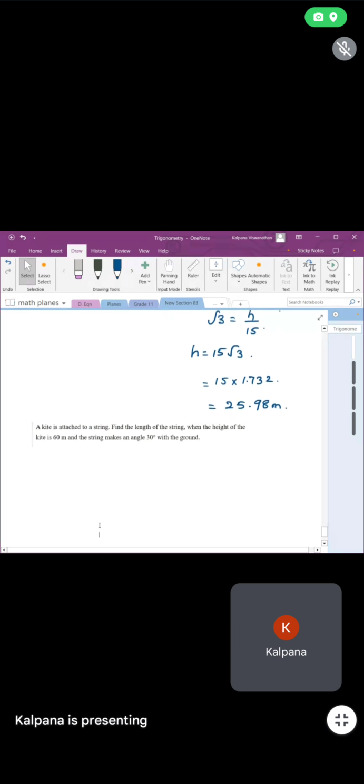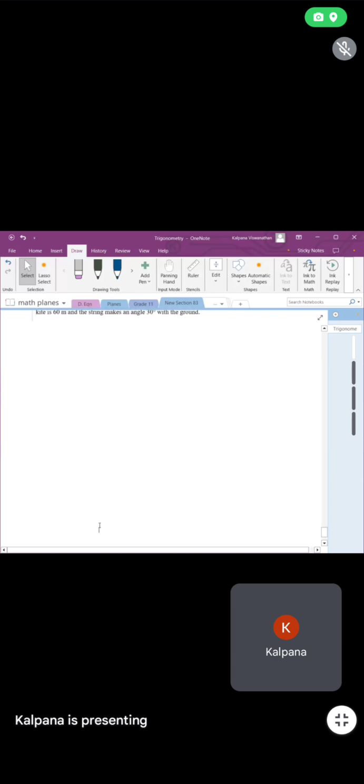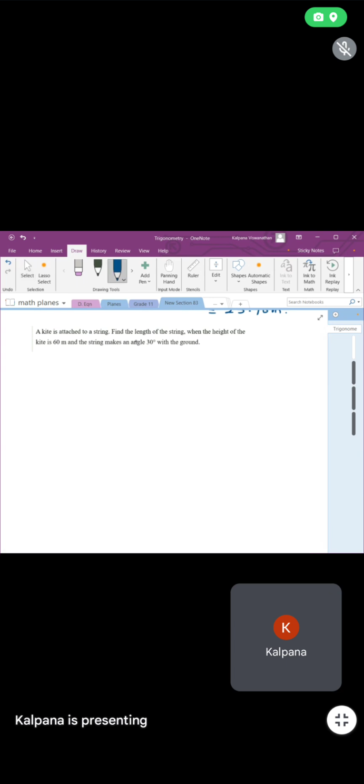So all the diagrams are based on a right angle triangle. Tell me now, the kite is attached to a string. Find the length of the string. Ma'am, over here, can we use sine theta? If required, you have to.